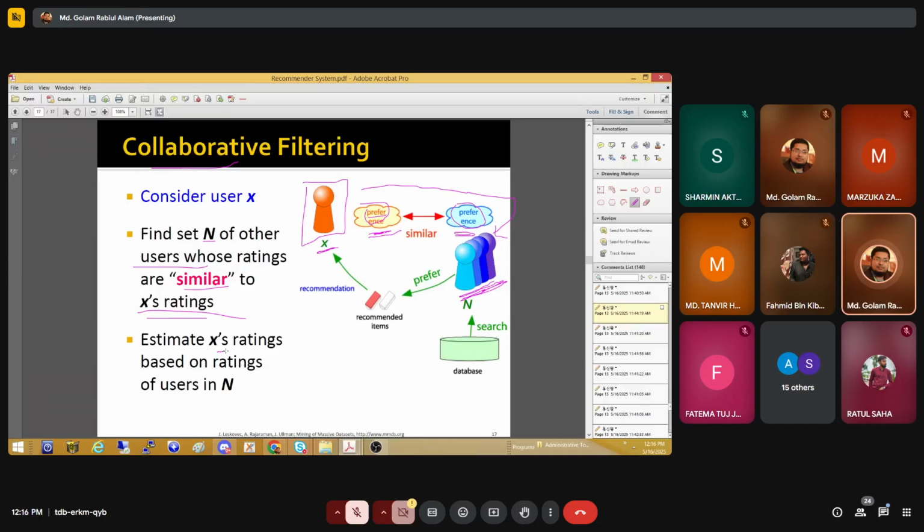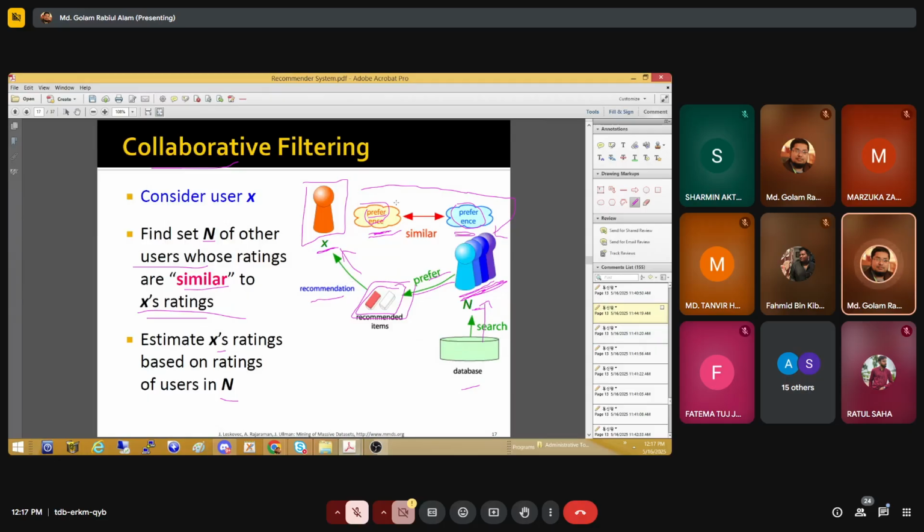Then we estimate x's rating based on the ratings of users in N. Searching in a database, we can see that these users preferred these items. So it is most likely that you also prefer those items, and that's why we can recommend those items to you.